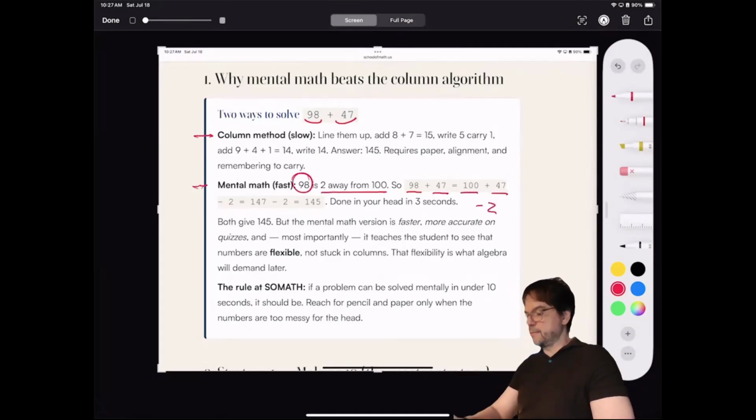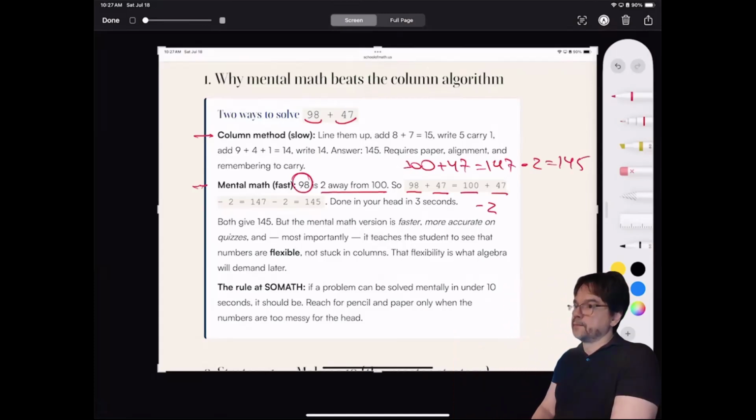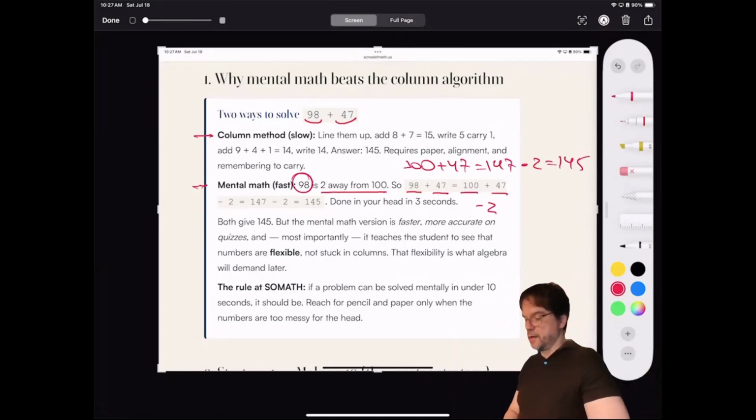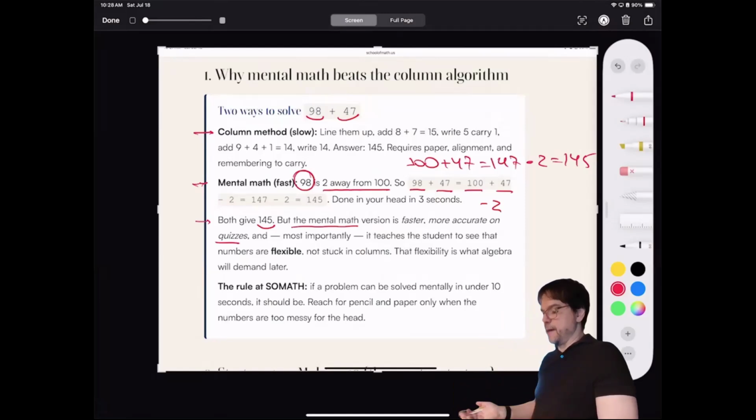You add 2 to get 100, plus 47 is 147, as you added 2. Now subtract 2. Do you agree? Both give 145. But the mental math version is faster and more accurate in quizzes, for example.